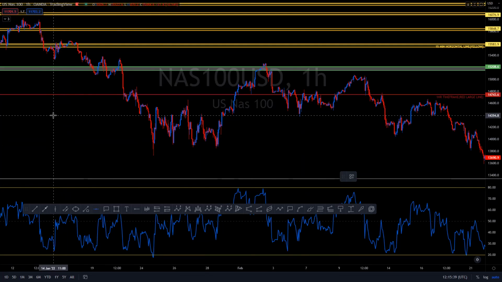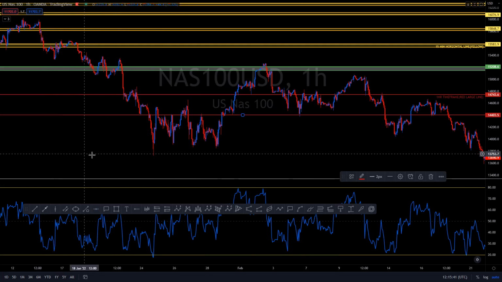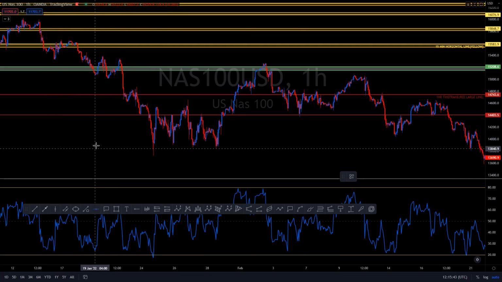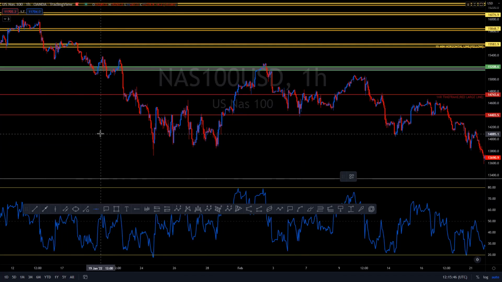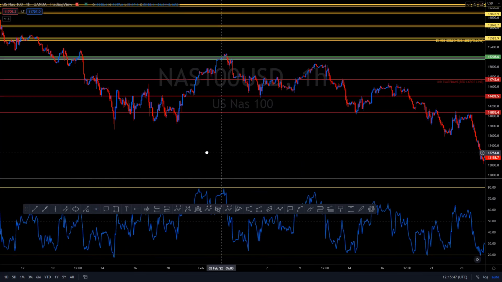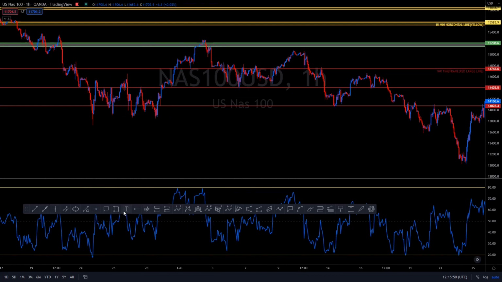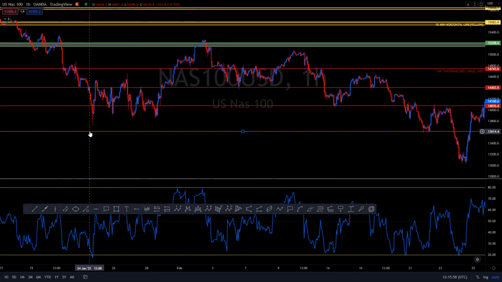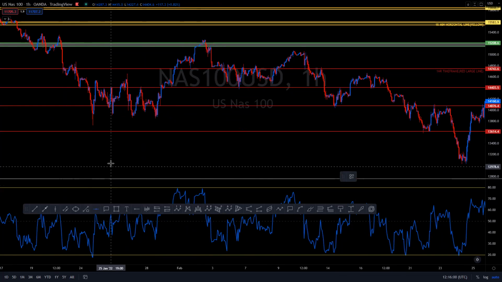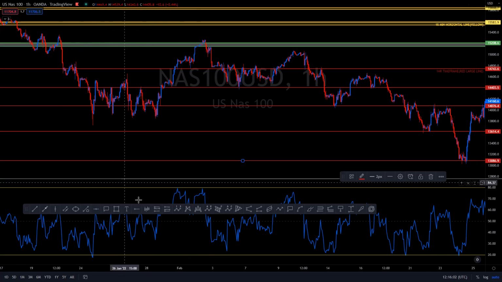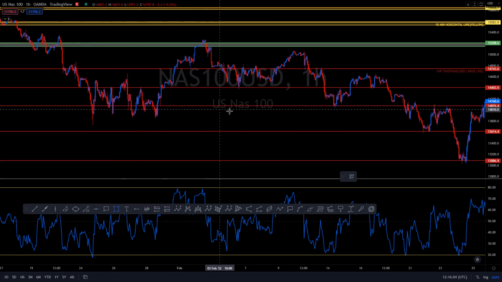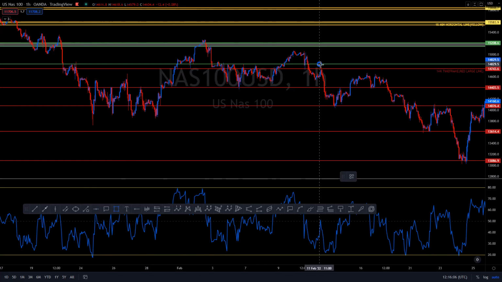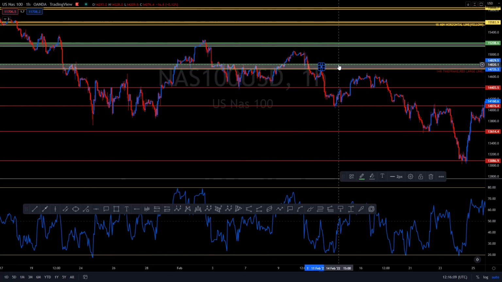The next one here, right here. Right here, maybe. Yeah, I think that might be the last one down here. And so then we're going to draw our zones for these, like these red.